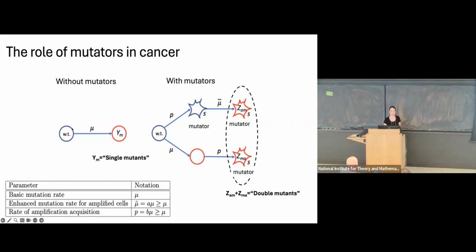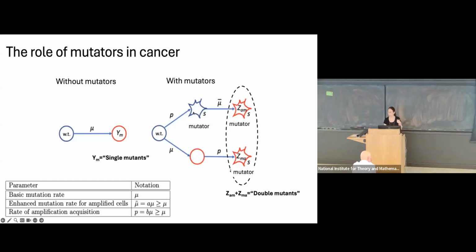So we start with some type of cells. One mutational event gives rise to a mutant. We want to know how many of these we are going to have in a given size. Another way to achieve this, and that's what they say often happens in cancer, is that first, you acquire a different type of mutation that makes the cell a mutator.